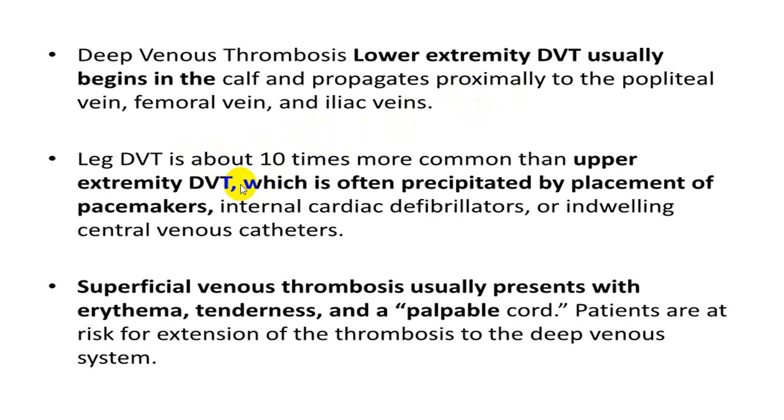And in the upper limb, it is commonly precipitated by placement of a pacemaker, cardiac catheter, internal cardiac defibrillator wires, indwelling central venous catheters, etc. Superficial venous thrombosis usually presents with erythema, tenderness and a palpable cord-like structure. And that can extend to thrombosis of the deep venous system also.